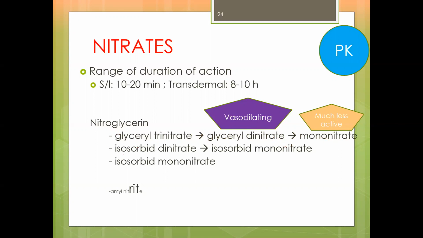We also have isosorbide dinitrate, which gets converted to isosorbide mononitrate in the body. And also we have on its own isosorbide mononitrate. And we also have amyl nitrates, okay? So this is not so important comparatively.